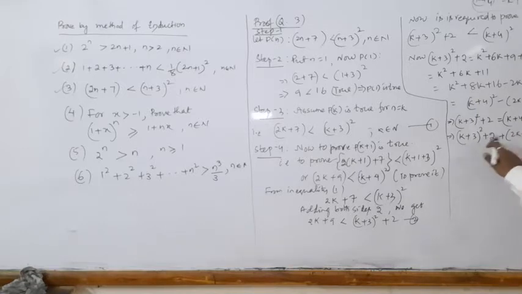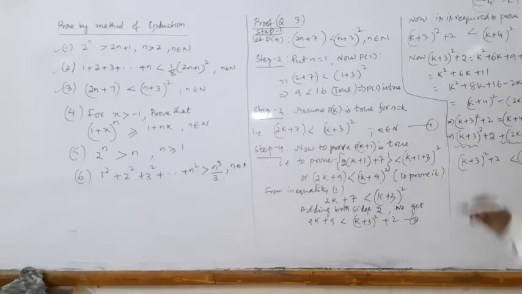This term plus this term is equal to (k plus 4) whole square. Obviously, (k plus 3) whole square plus 2 is less than (k plus 4) whole square.